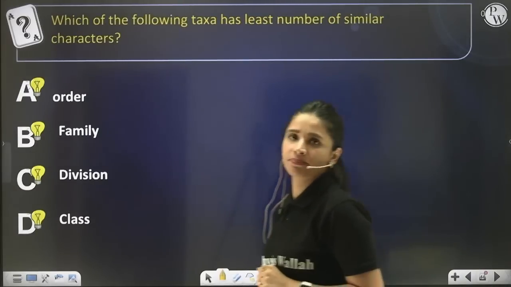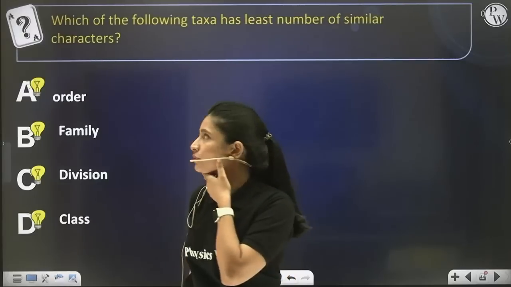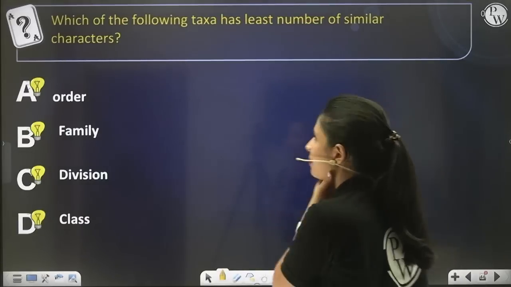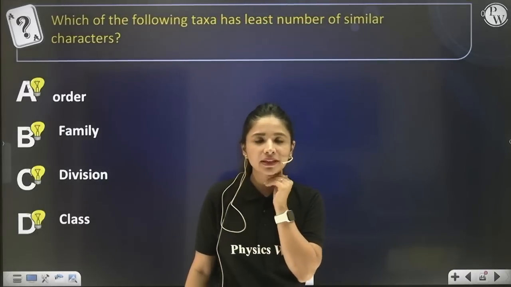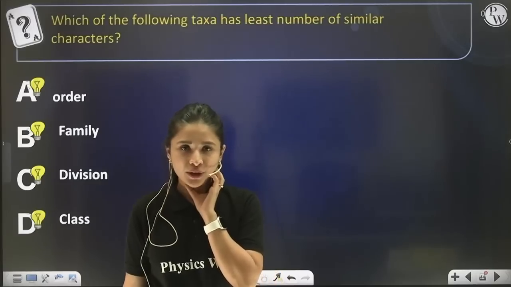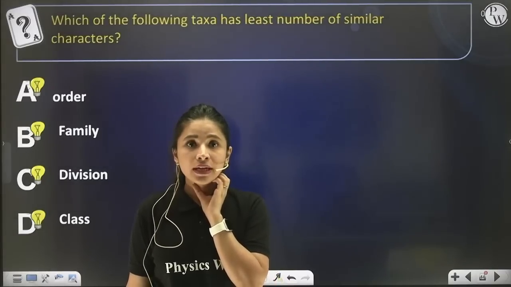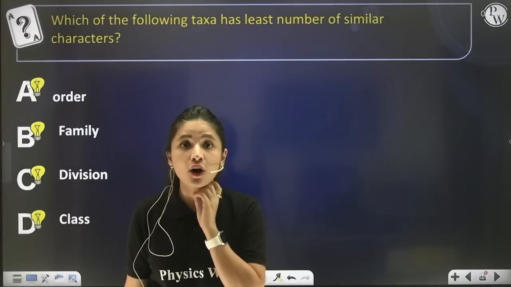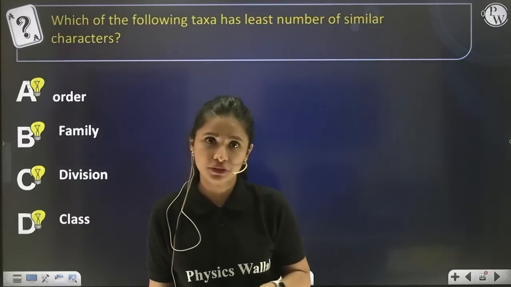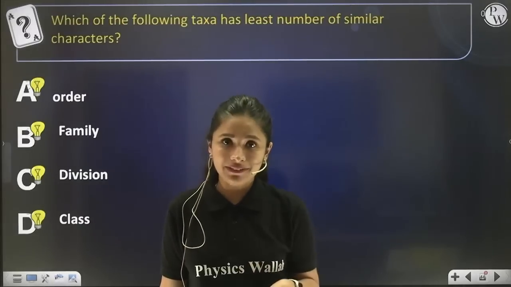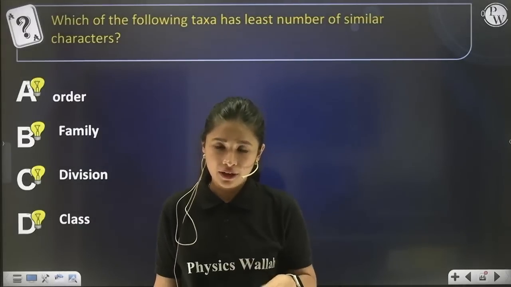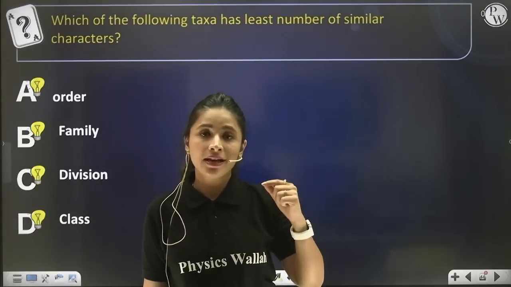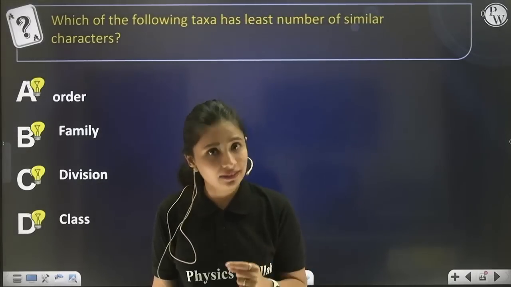Moving ahead. Next question on your screen is, which of the following taxa has the least number of similar characters? When it comes to least similarity, you are going to find the topmost category of classification. Remember all the 7 categories of classification from kingdom till species. As you go high in the series, similarity among the organisms decreases.